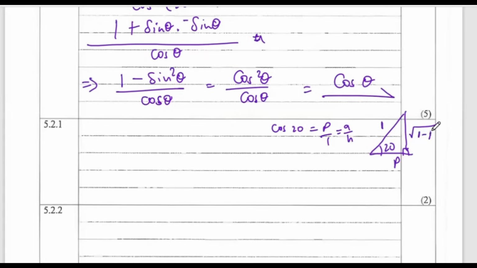If x squared plus y squared must be equal to r squared, our r is 1, our x is p, and our y is what we're looking for. Move this to that side, you get 1 minus p squared, and then find the square root on either side. This is going to be the square root of 1 minus p squared. There we go, so this is done.